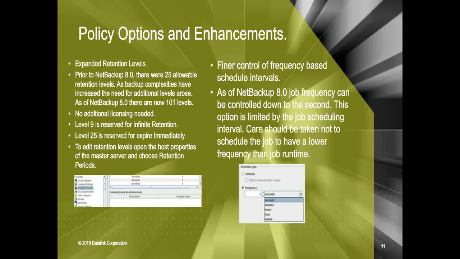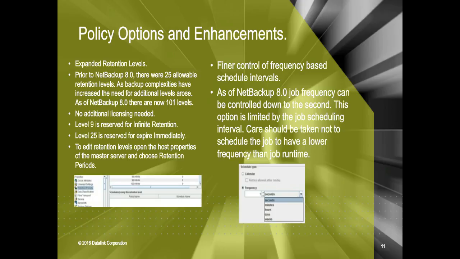Another policy enhancement that you're going to see is finer control of your frequency-based scheduling. So now you can control the frequency of how often a policy will kick off down into the second. You have the option to choose down into the second, and you can have it running every 300 seconds if you choose to do it that way.